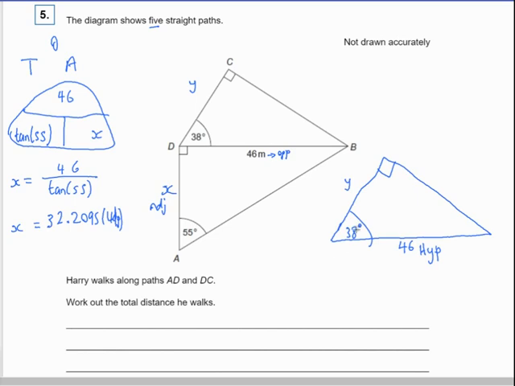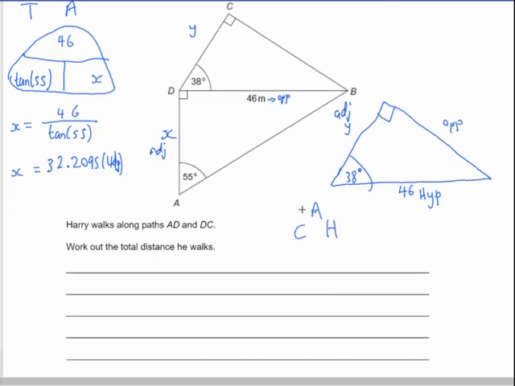Let's label this triangle. We've got hypotenuse, opposite, and adjacent. We're trying to work out what y is. Y is the adjacent. So we have adjacent and hypotenuse, that is CAH. I'm going to say it with a breath, CAH, with the H. So you've got cos of 38, adjacent at the top, which is y, and h at the bottom, which is 46.